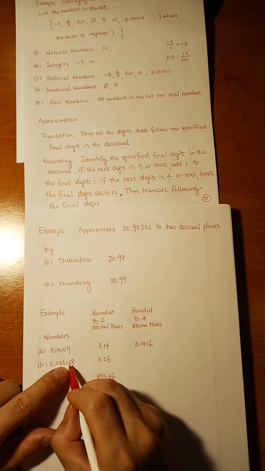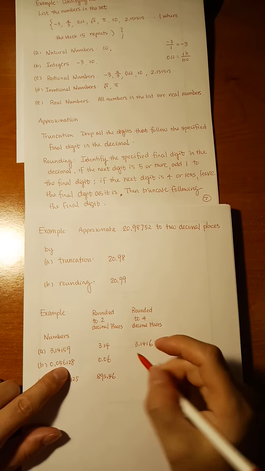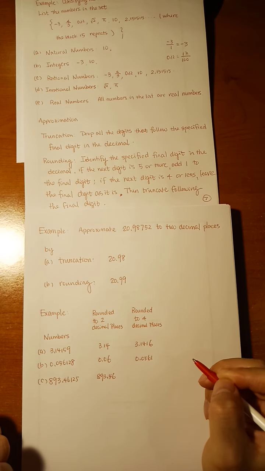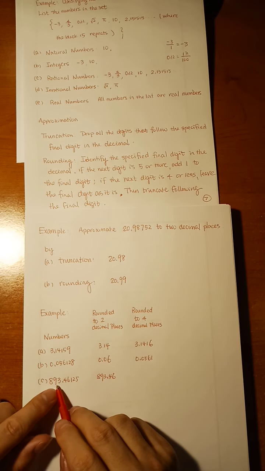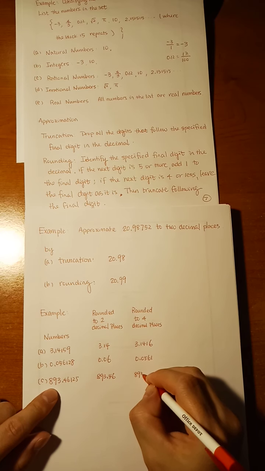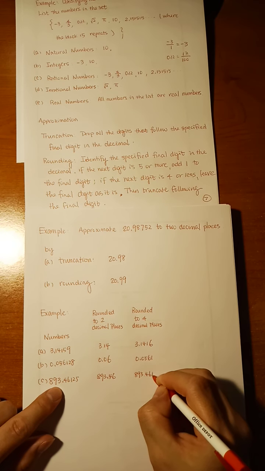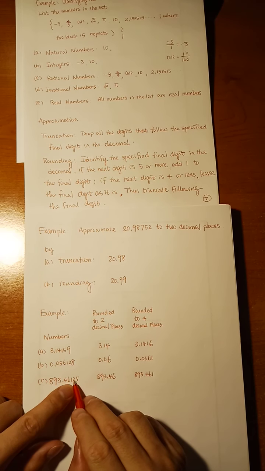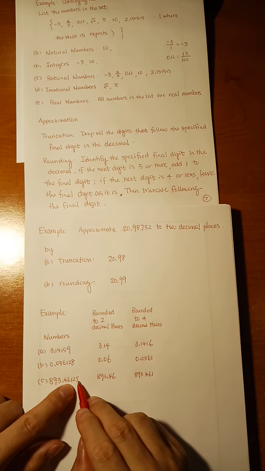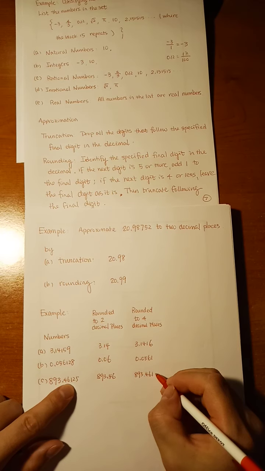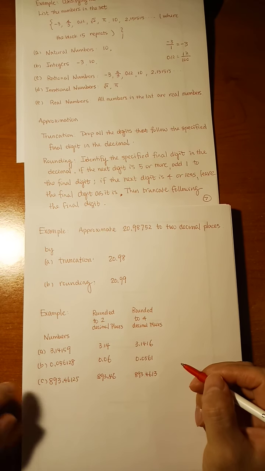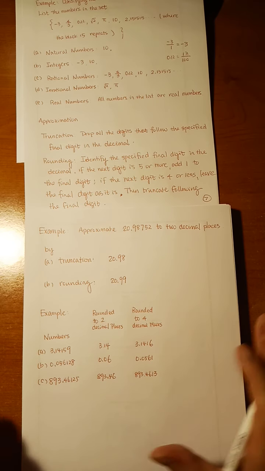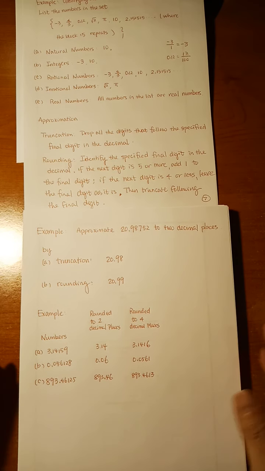Its next is 2. So 2 is smaller, you drop it. And this one, 893.461, the final digit in the 4th decimal place is 2. Its next is 5. 5, you add 1, so it's a 3. You see the next digit is bigger, add 1. If you see the next digit is smaller, truncate.